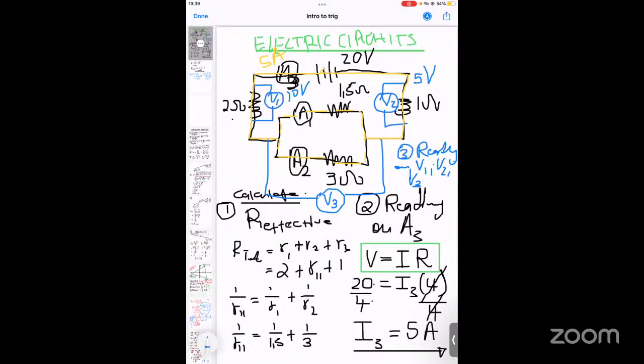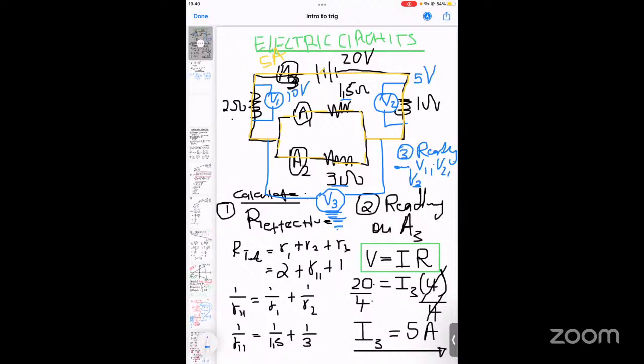And then when it comes to where V3 is connected, you don't just choose the one for A3, or the one for 1.5.